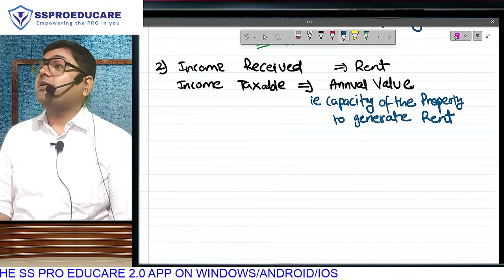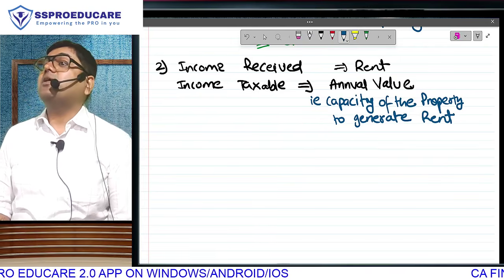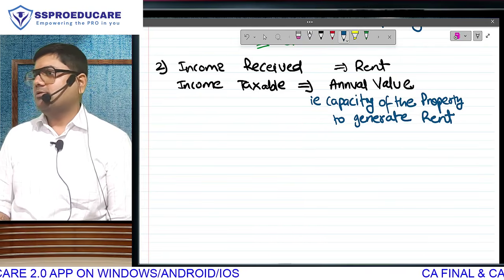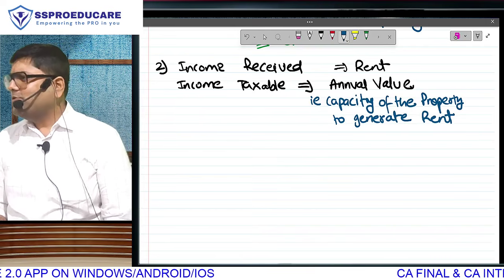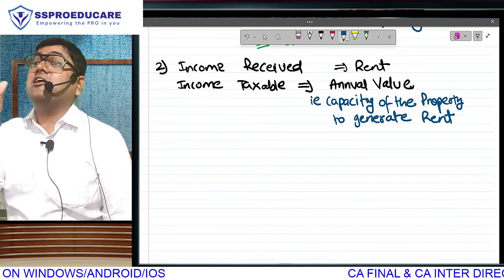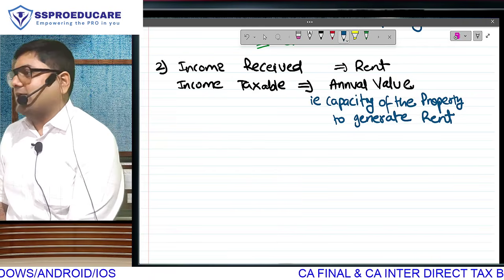You will not pay tax on the actual rent received. You will pay tax on the property का capacity to generate rent. मतलब you don't pay tax on what you are receiving. You're paying tax on some other amount. What is that other amount का legal name? Annual value. Simple meaning, capacity of the property.